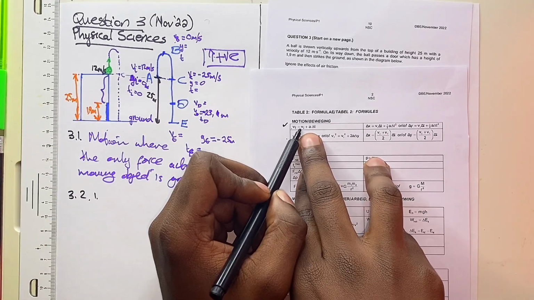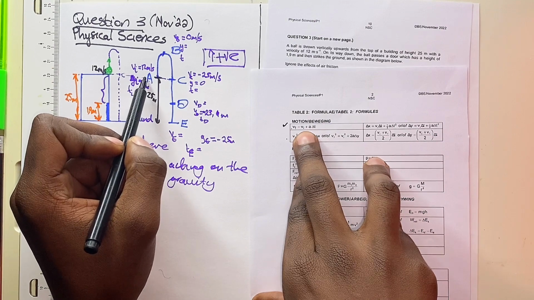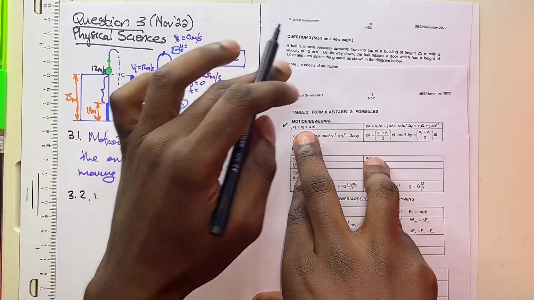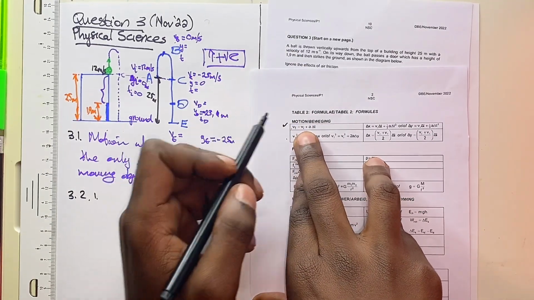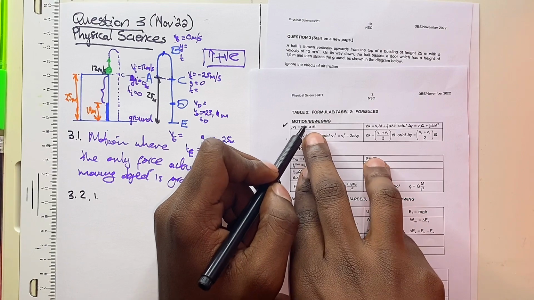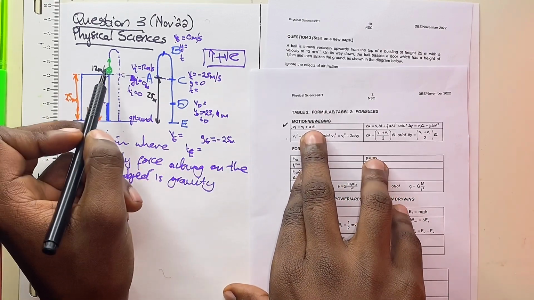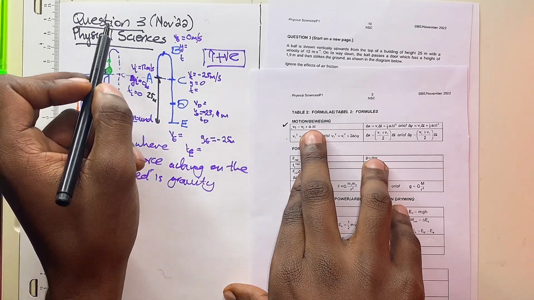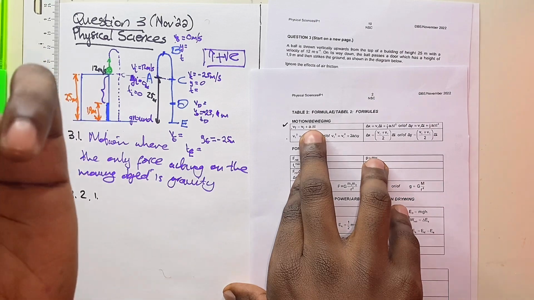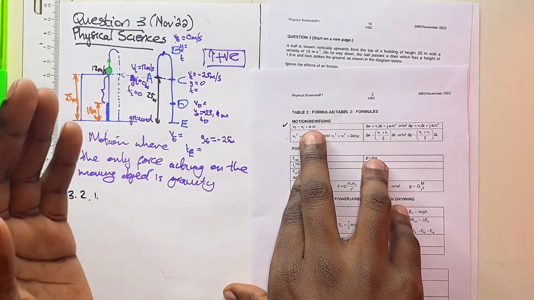Now, do we know the initial velocity, meaning the velocity at A that it launched at? We do know that it is 12 meters per second. It was given in our question. Now, acceleration. Do we know the acceleration of the ball? Yes, we do, because since this is vertical projectile motion, we know that the ball has gravity acting on it. It is in the y-axis, therefore gravity is acting on it.